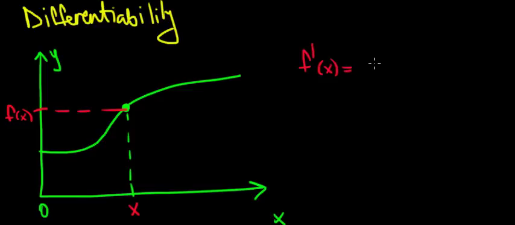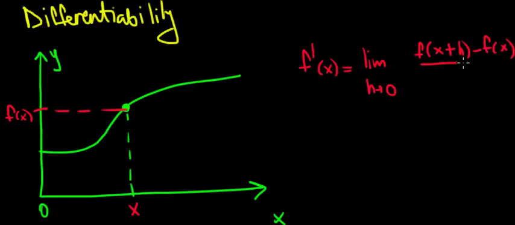How did we write it 2 weeks ago? We had this limit which we call the Newton quotient, right? And what it means is that if we take our function, we have f of x plus h minus f of x divided by h.